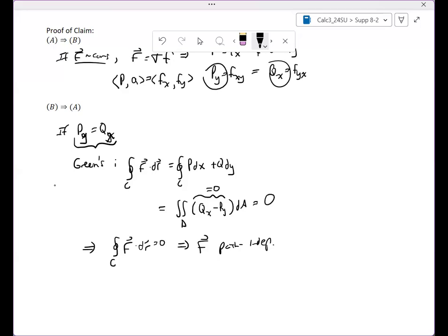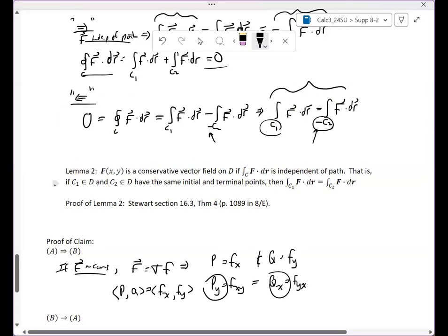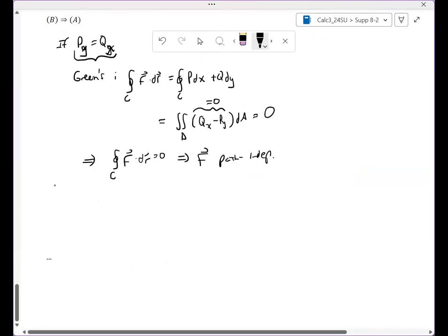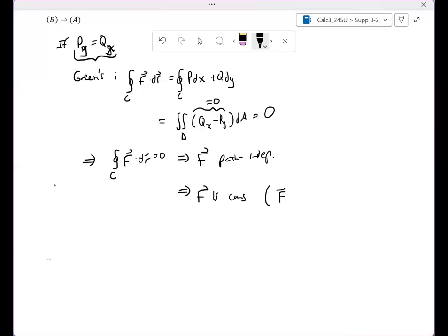And then we have a lemma that says, if F is independent of path, then F is conservative. So this implies F is conservative, which implies that F equals grad little f for some little f, that there exists a potential function, and that big F is the gradient field for that potential function.